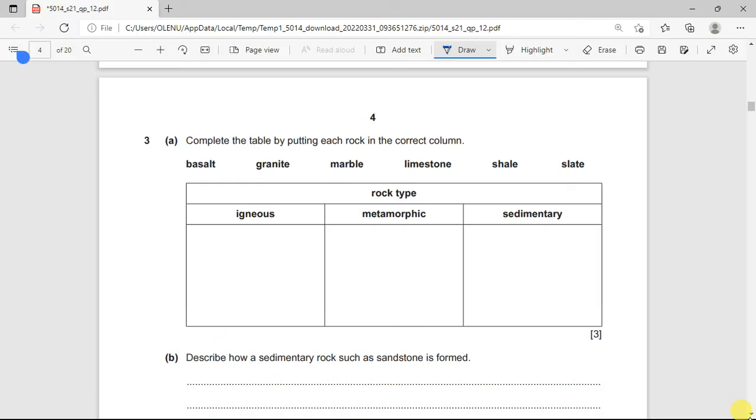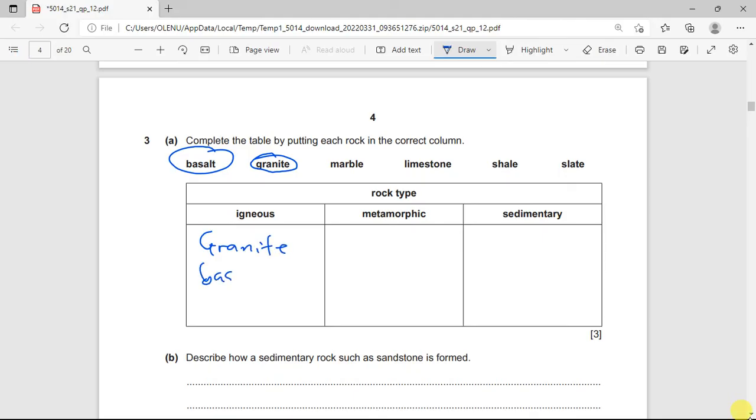Now, complete the table by putting the rocks in the correct column: basalt, granite, marble, limestone, shale, and slate. For example, you know that granite and basalt are igneous rocks. I've seen this question a lot.